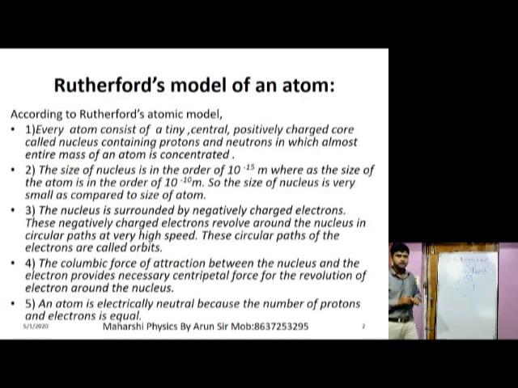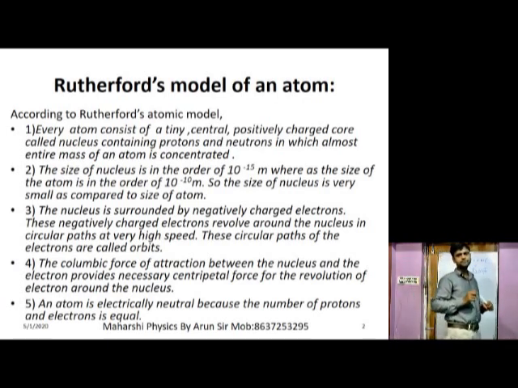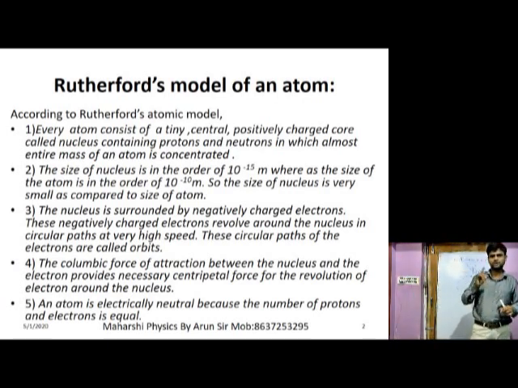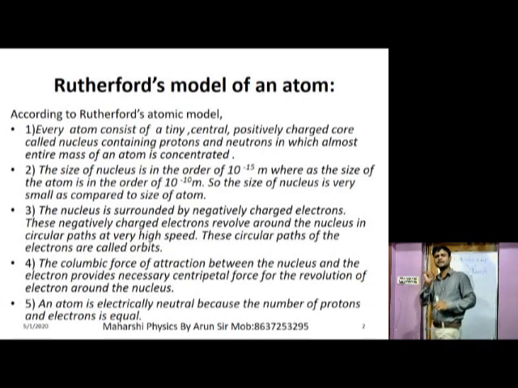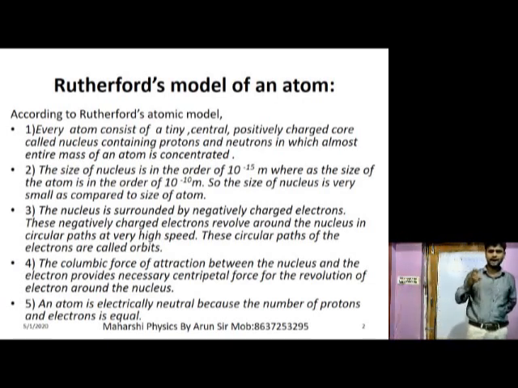Clear? Then the first postulate is that every atom consists of a tiny central positively charged core called a nucleus, which contains protons and neutrons, and almost the entire mass of the atom is concentrated at this nucleus.